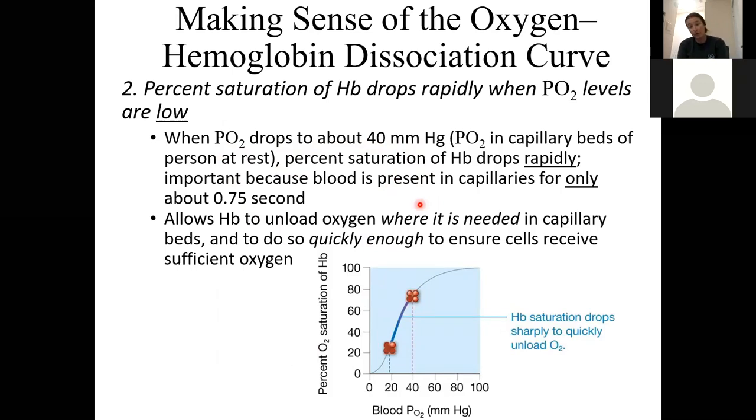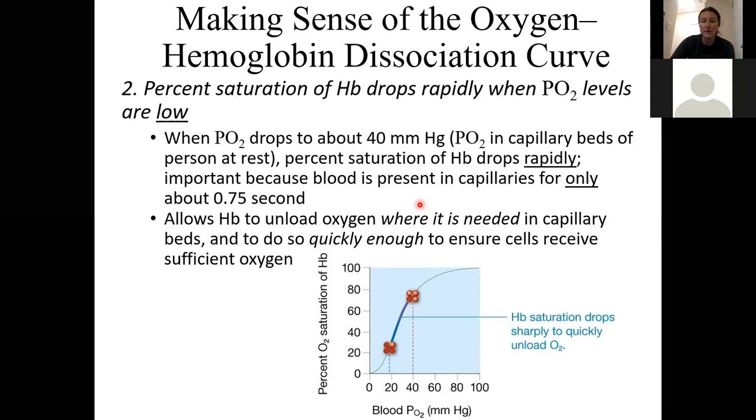And so this is really important because this is often the oxygen level present in your capillaries. Right? And so this leads to a very rapid unloading. Of course, the blood is flowing through those capillaries really quickly, and we need to facilitate this process as quickly as possible to feed our tissues as quickly as possible.